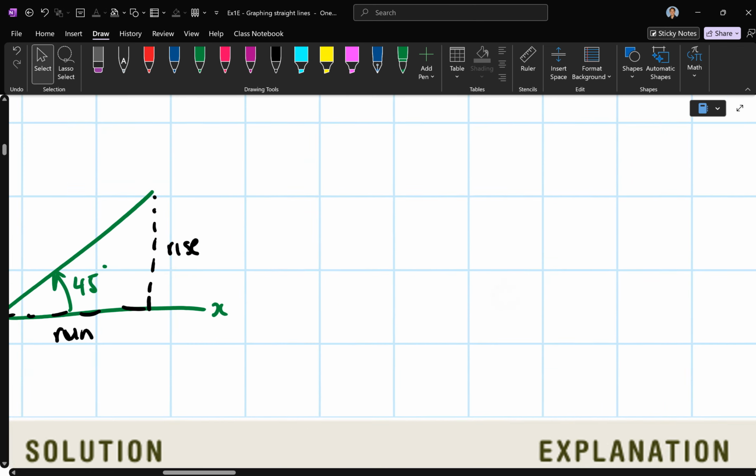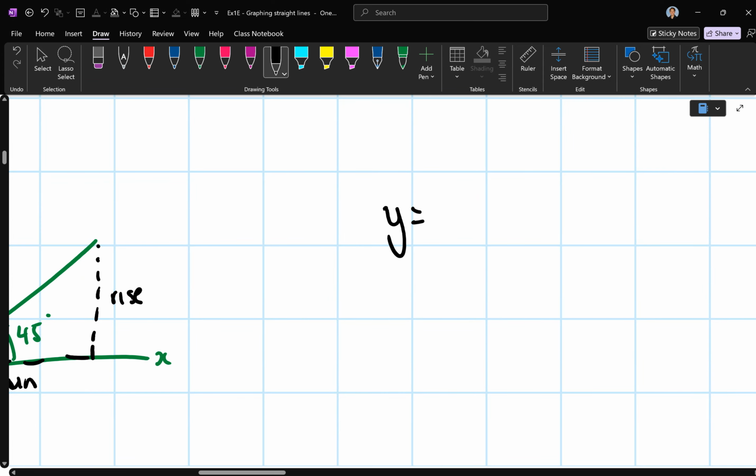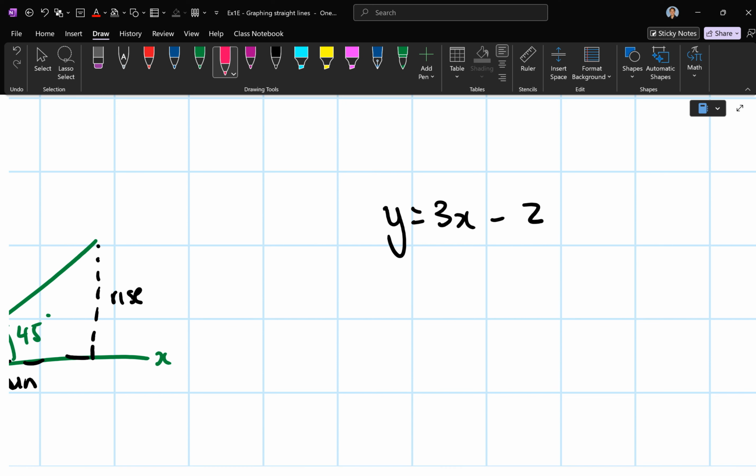So if I told you that there is a line, say, you know that line that I gave to you guys before, 3x minus 2? What's the gradient at the moment? It's not 3x, it's 3. It's the number that's multiplied to the variable, yeah? So m is equal to 3. Now, we also know m is also equal to tan of an angle.